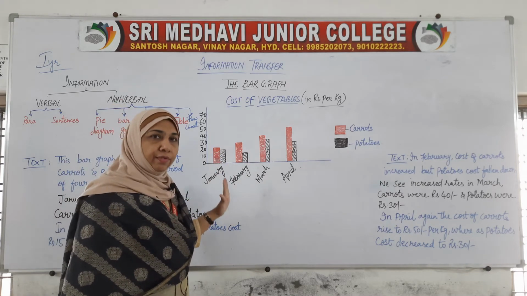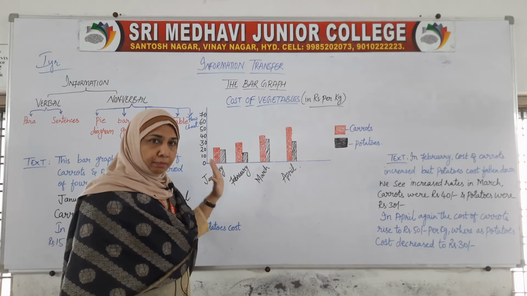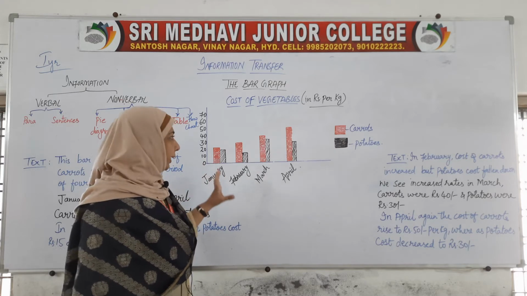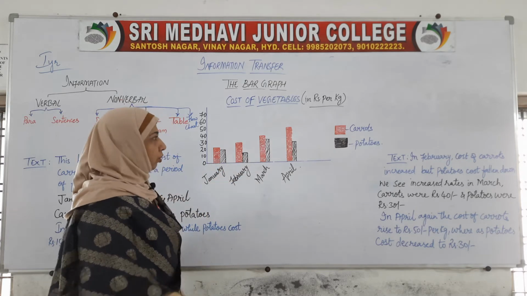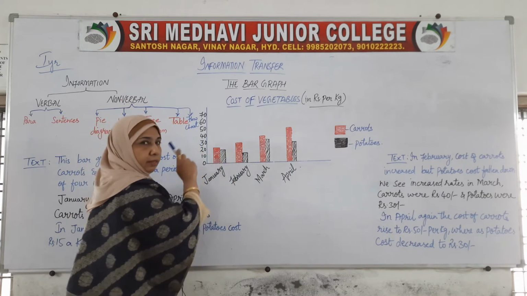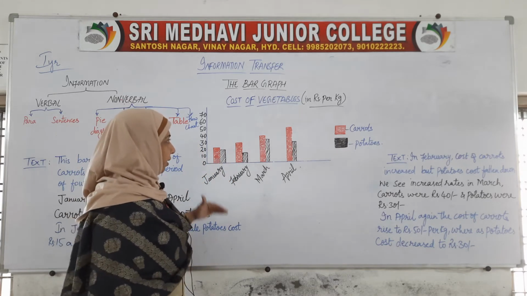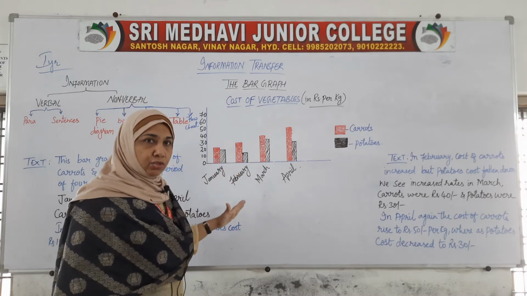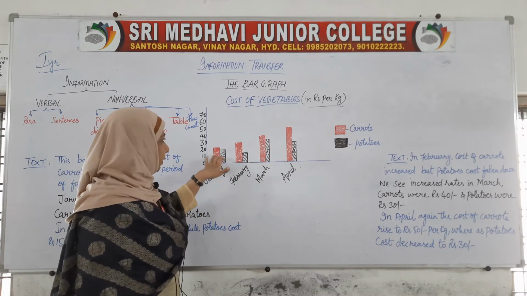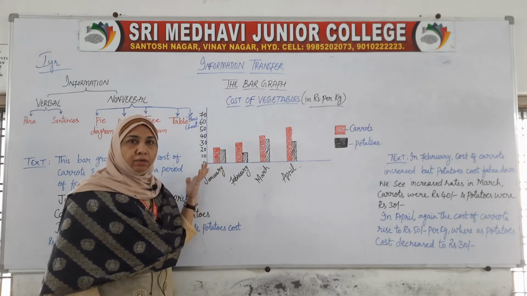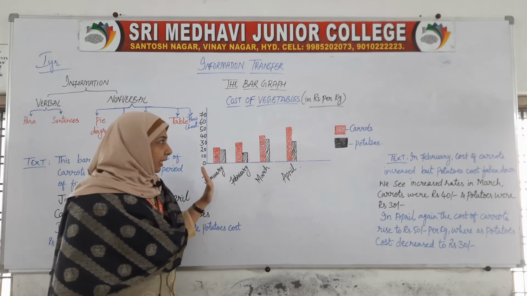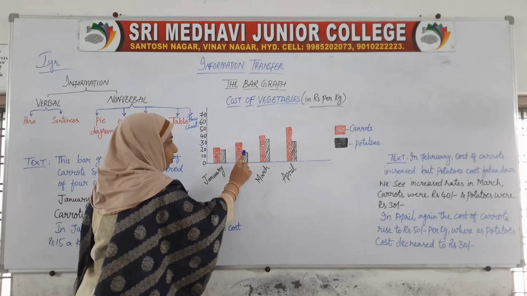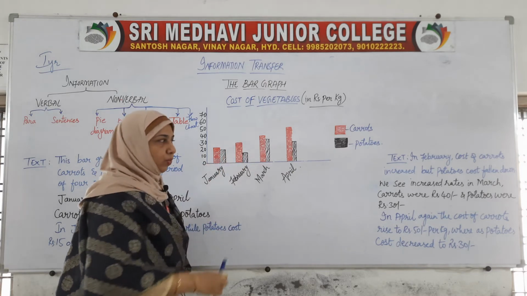This is the way of reading these bar diagrams. This is the non-verbal one. In February, the carrots' rate increased to 30 rupees, whereas the potatoes' rate decreased. So you have to check and see this.